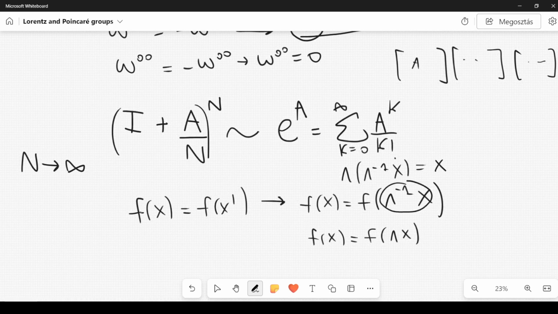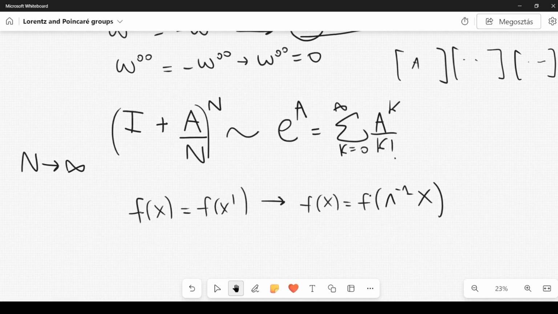So we are moving from here to here. It's a way of viewing the transformation. It is something different from here, where we are moving from x to lambda x, but it's basically the same. Okay, it's very similar. It's not the same maybe, but it's something very similar.